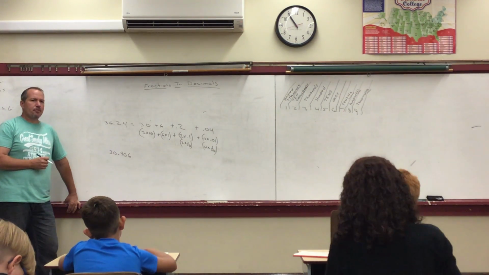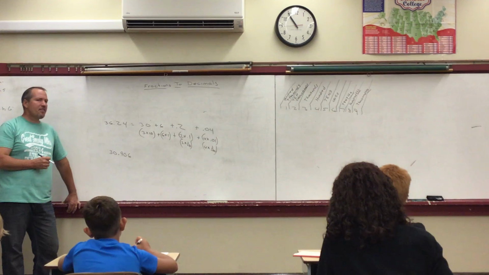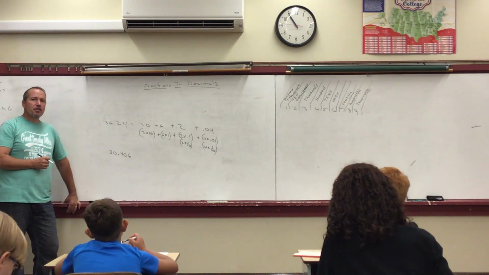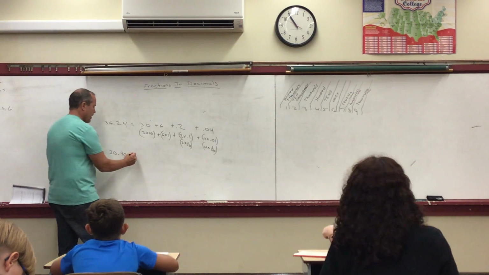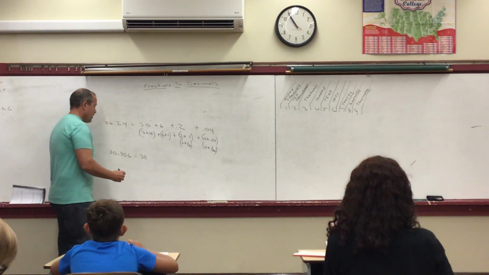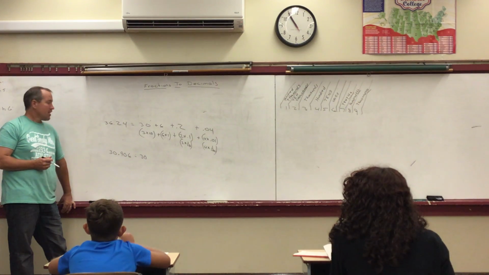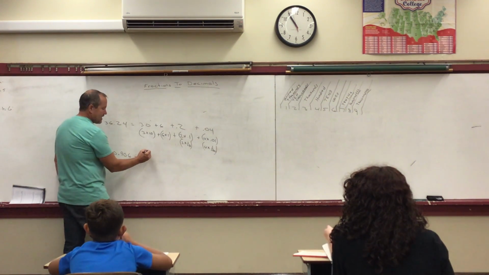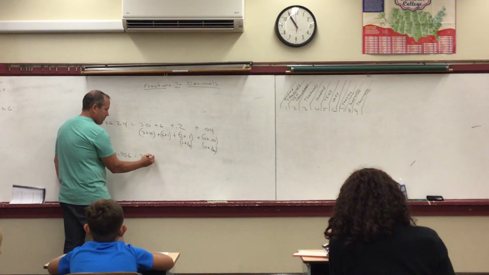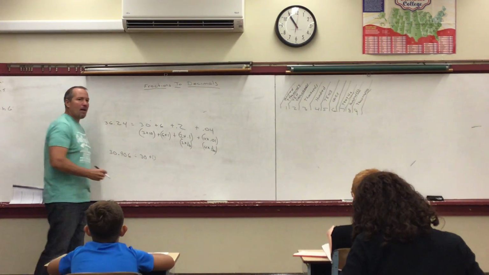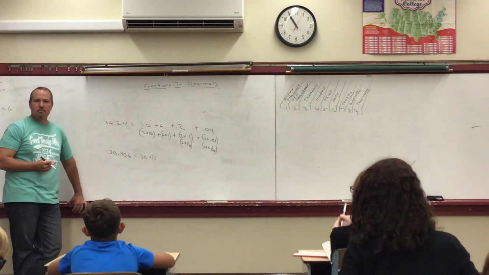What digit do we start with? 3. The 3. What place value is the 3 in? Tens. So the value of the 3 is 30. What's the next digit we have? 0. We could put plus 0. I'll put that in as a dot because we don't necessarily need that.